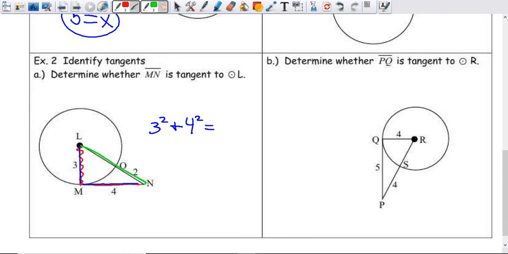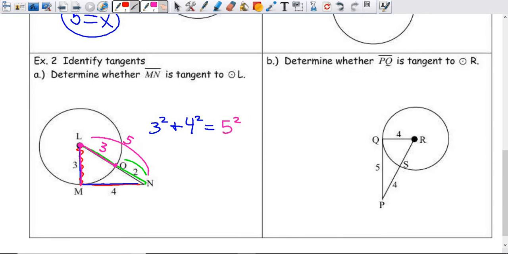Well, you actually do know it. This part here is 2, and then right here, this section that you're missing is actually a radius because it goes from the center to the outside. Well, this right here was also a radius, so you know this is 3, which makes this whole side 5.